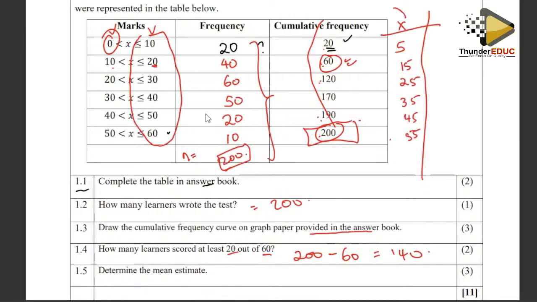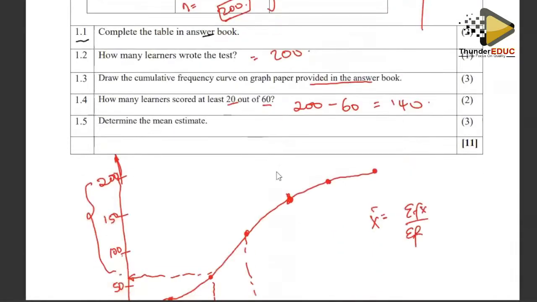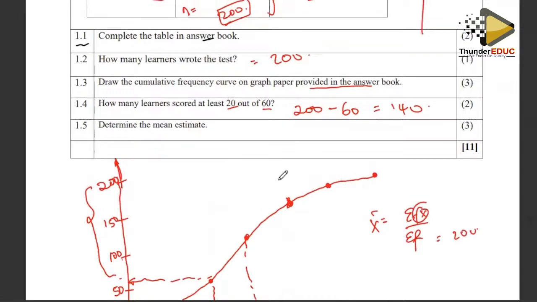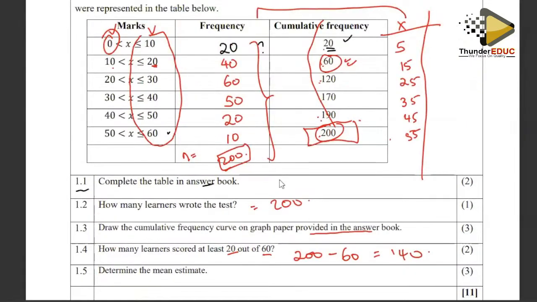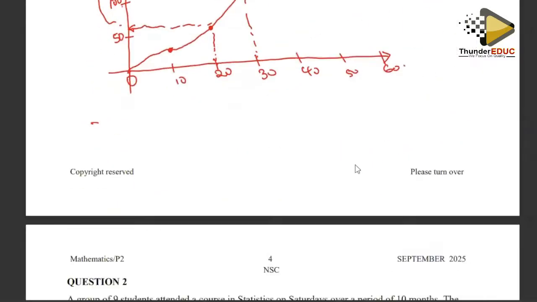Then this is multiplied by the frequency. We know that the estimated mean is given as the summation of fx over the summation of f, whereby we know that our summation of f is already 200. So the fx is what we need to add up. Remember the first one is a 5 multiplied by 20.